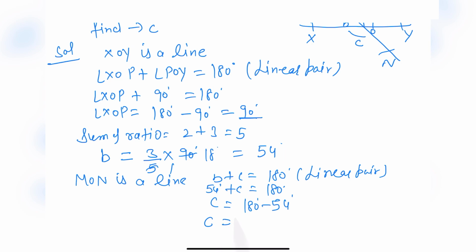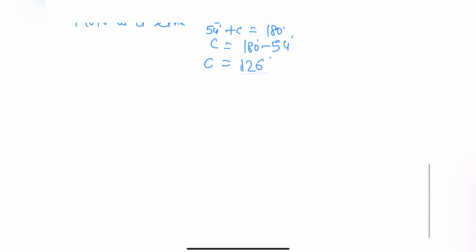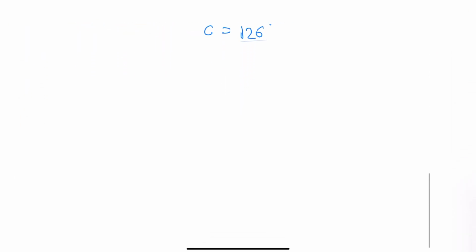So C is equal to 10 minus 4 is 6, 8 minus 5 is 3, and 1. Sorry, this will be 2. So the value of C is 126 degrees. Now we have the next question in which we are given a figure.